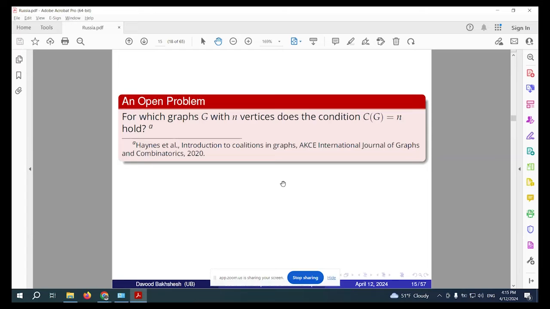Haynes and others, in their paper entitled Introduction to Coalition in Graphs, posed this problem: for which graph G, or in other words, characterize all graphs G of order n with C(G) equal to n.